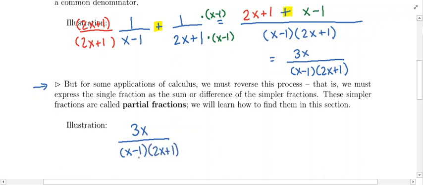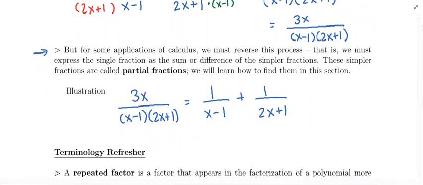In all honesty, this denominator would probably be multiplied out, but you would be given this single fraction and you would have to break it up into the original fractions. You would have to come up with the fact that this is the same thing as 1 over x minus 1 plus 1 over 2x plus 1. So you're reversing the process.